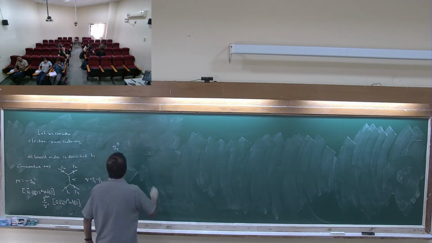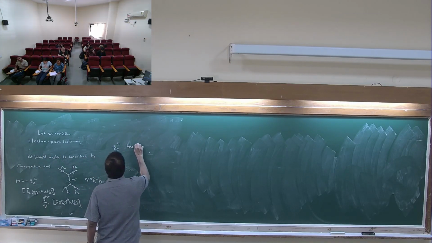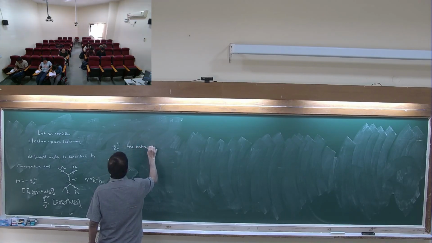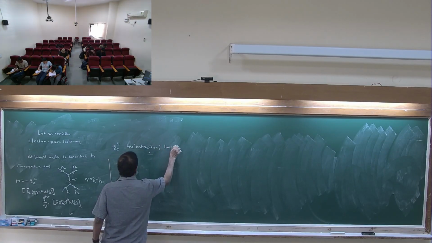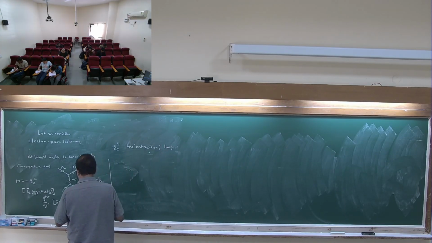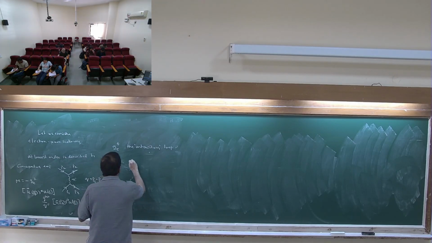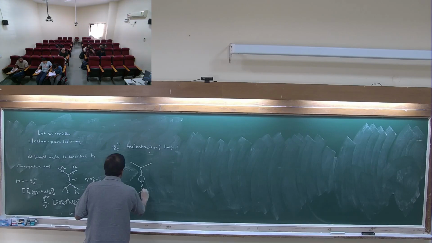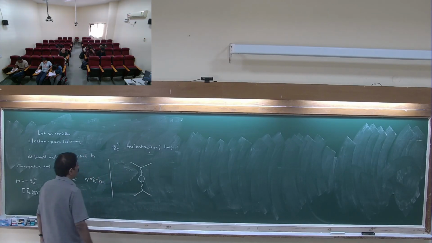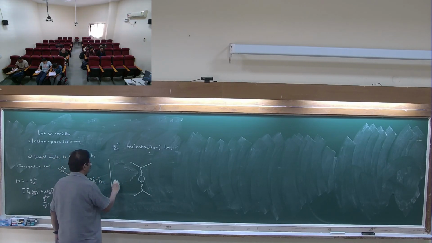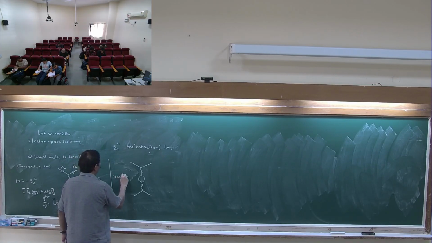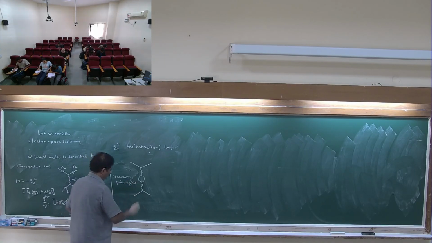So the interesting loop diagram is this. Let's draw it like this. And what kind of diagram is this? By abuse of notation, this is called vacuum polarization, okay? It's an old, historical name, so just stay with it.